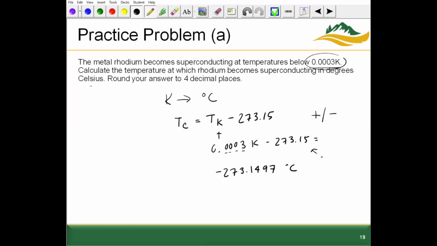This we're considering sort of a conversion factor or an exact number. So for conversion factors or exact numbers, we don't take those into account when deciding how many sig figs past the decimal place we should have for addition and subtraction problems. We also don't include the conversion factors for multiplication or division either. Now then we have 4 digits past the decimal place, so we can have 1, 2, 3, 4. So this is indeed our final answer.